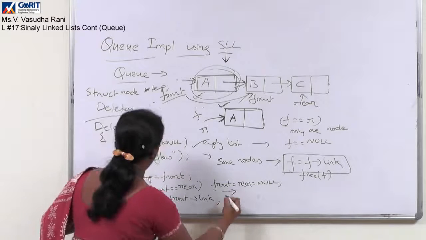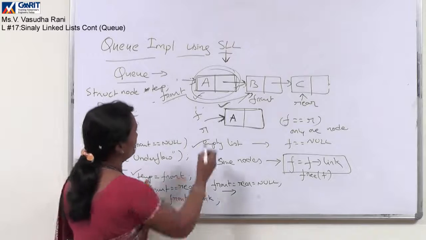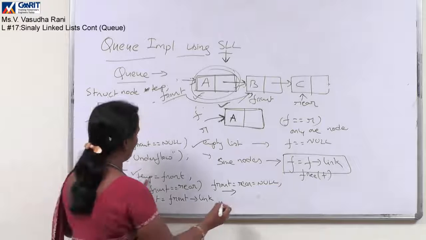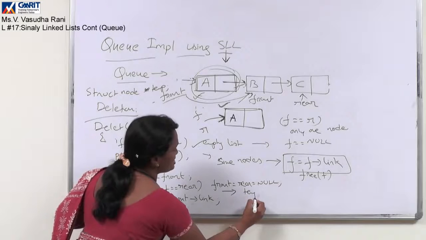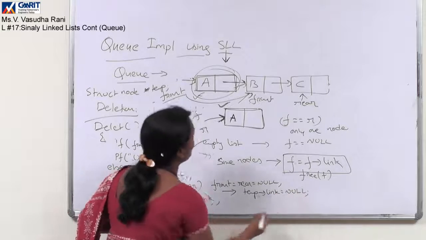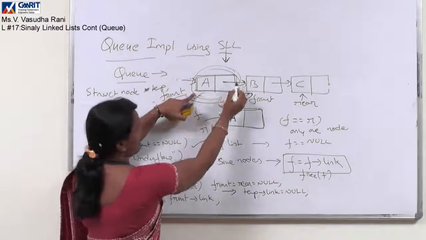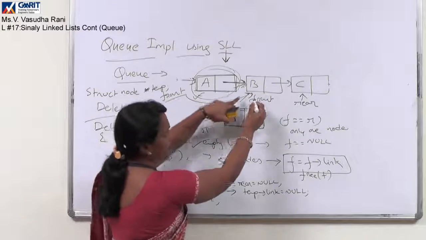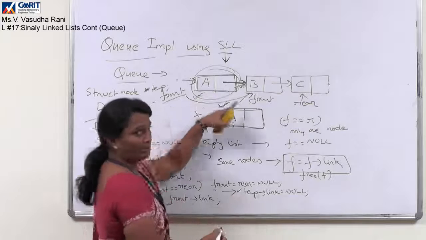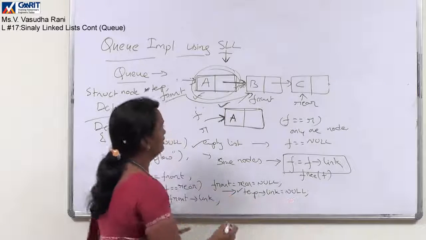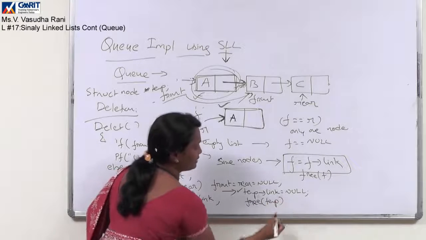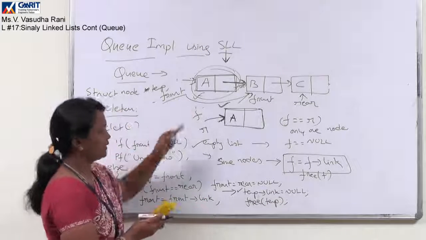So you have to make now this temp pointer node's memory to be freed. For that, this temp node's link, let us make it null. This node is linked with this particular list, so first let us break this link by the statement temp link equal to null, then free the memory which is allocated for the particular temporary node.